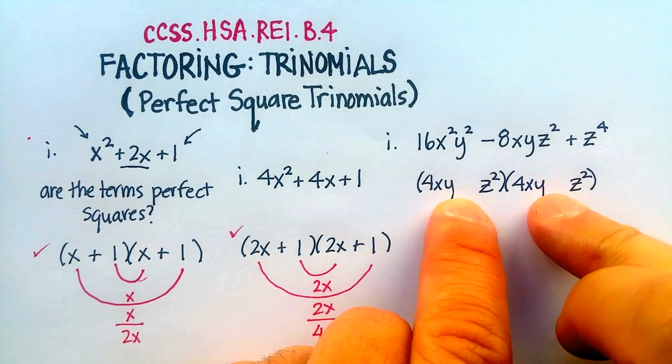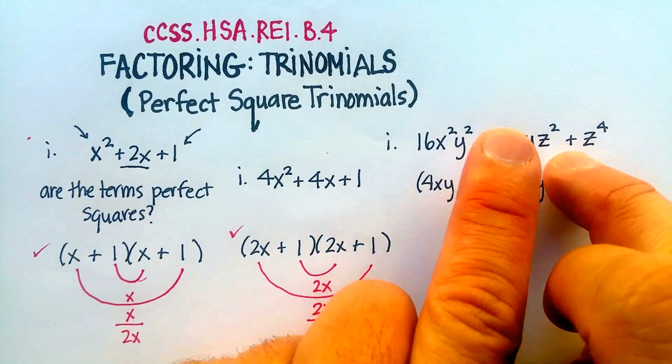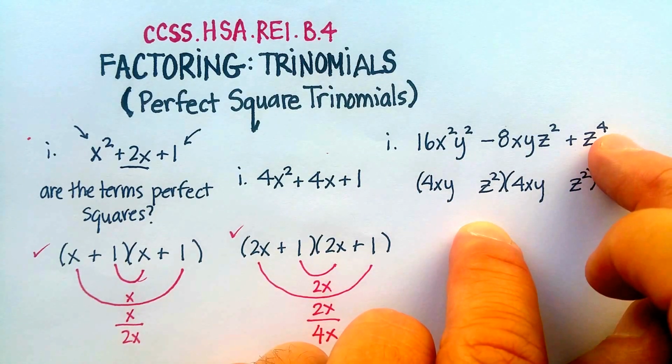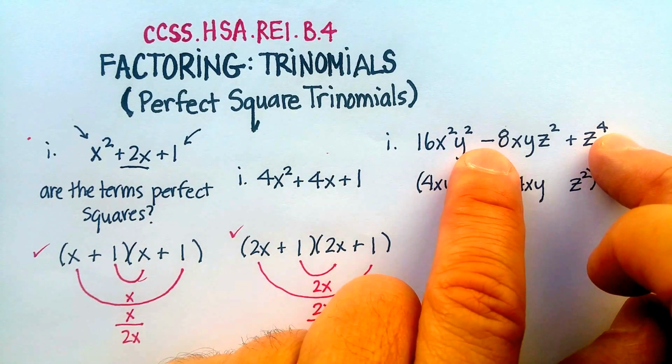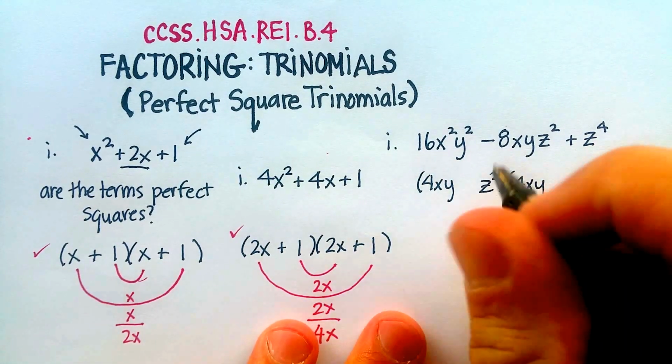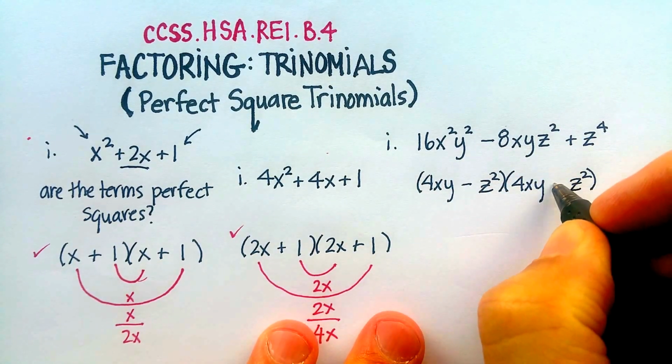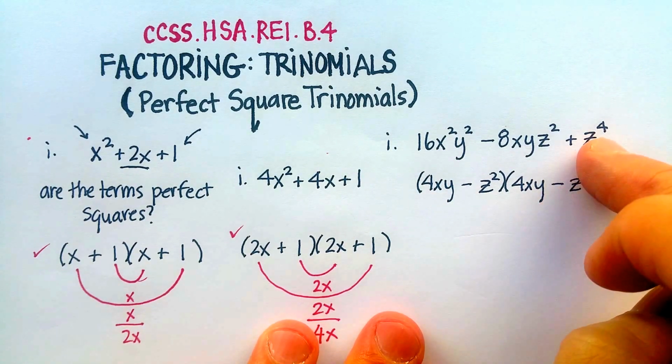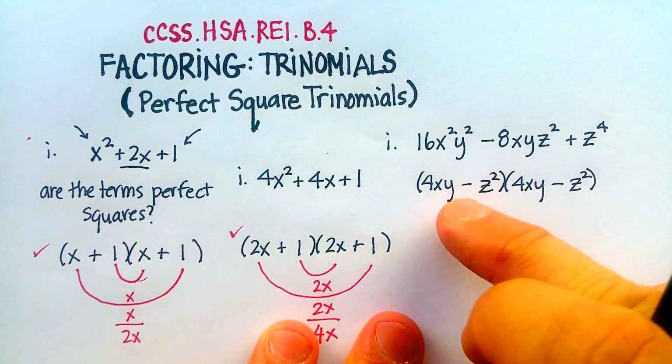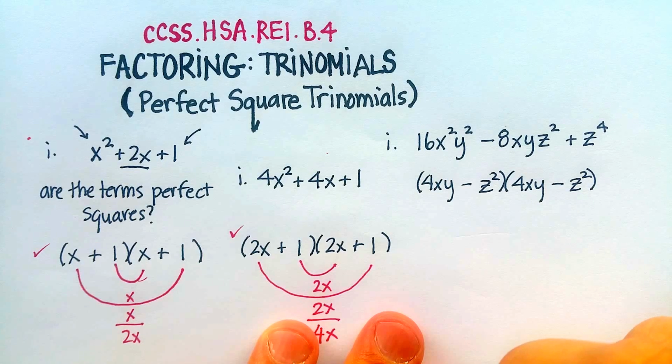Now, let's pay attention to our signs. They have to multiply to get plus, but they have to add up to negative. And I know that if I have a minus and a minus, a minus times a minus gives me a plus, and then when you add two minuses, you'll get a minus as well.